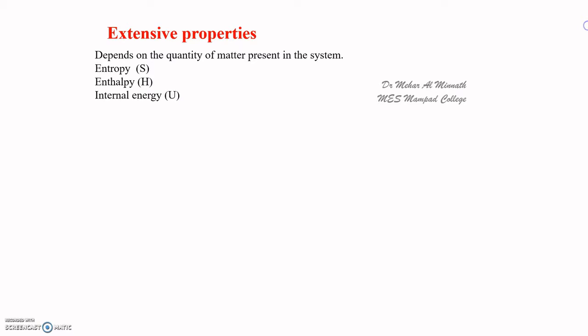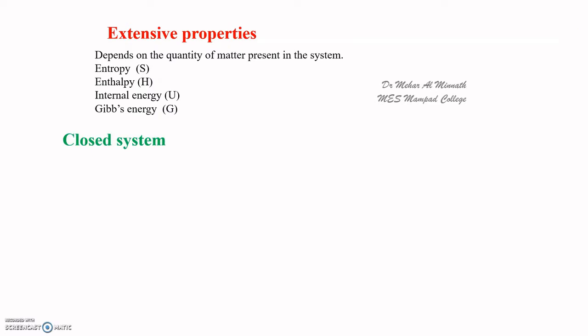Extensive properties are those properties which depend upon the quantity or size of matter present in the system, while intensive properties are those which are independent of the quantity or size of the matter in the system, like temperature, pressure, viscosity, etc. Extensive properties, which depend on the quantity of matter present in the system, are entropy, enthalpy, internal energy, Gibbs free energy, mass, volume, etc.